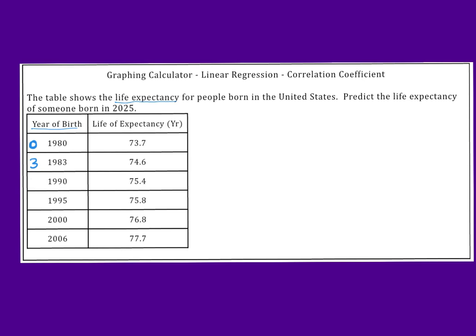So I've got 3, 10, 15, 20, and 26. Now, instead of drawing a scatter plot and estimating, we're going to use a graphing calculator, and we're going to input all of this information, and it will give us the best possible equation for making predictions.